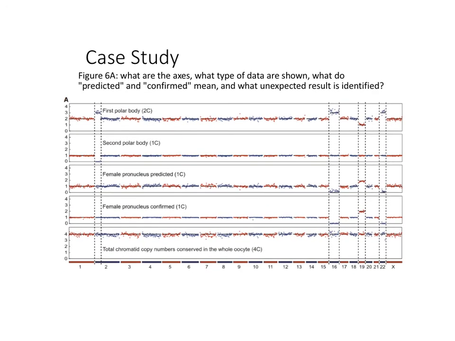So that's basically DNA content. How many copies of each chromosome there are in each of these cells. If you tip your head and look like that. Okay. So, first polar body is supposed to have, if the cell biology follows that cartoon, the first polar body should have 2 copies of every chromosome.